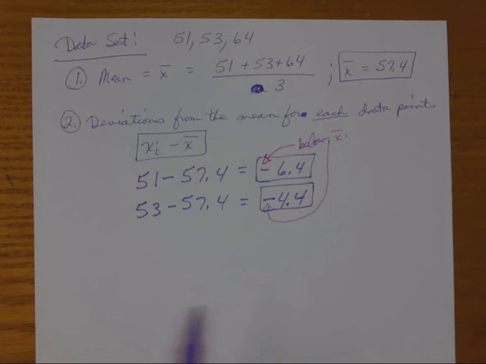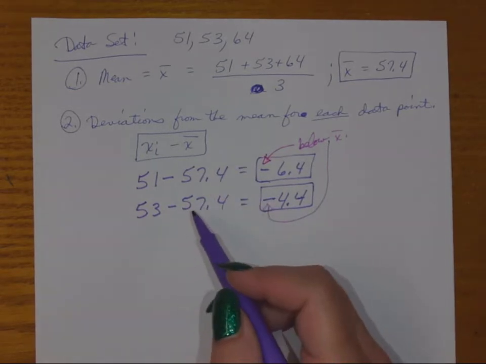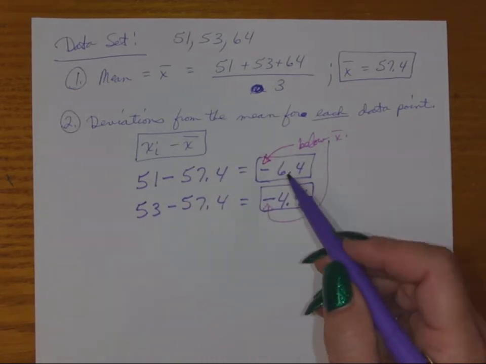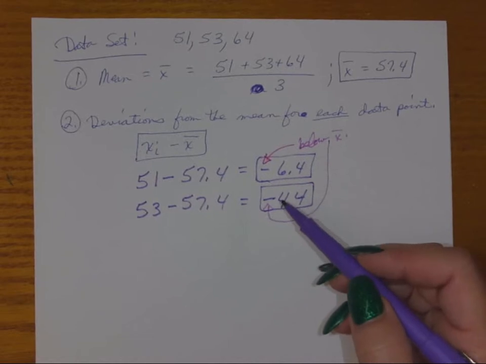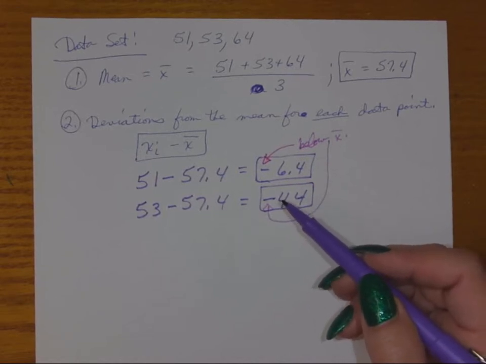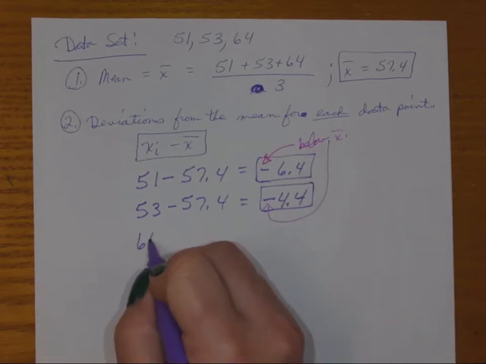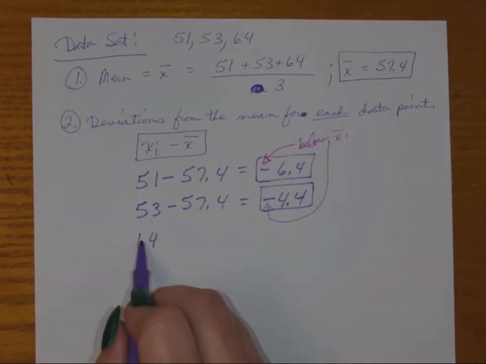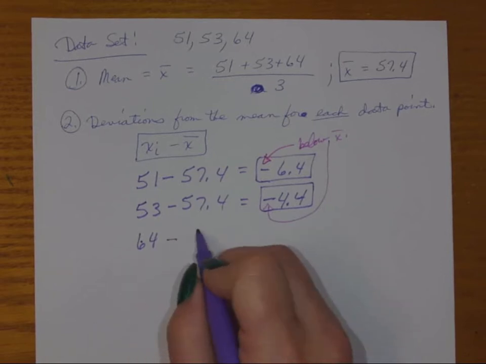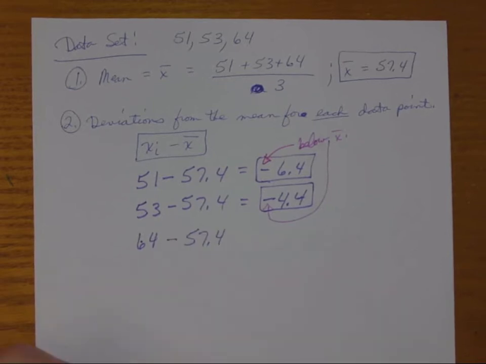Well, the average is in the center of the data, so that means there's only 3 data points. 2 of them are below. That means the next one better be above, right? Because it's got to average out to be 57.4. And sure enough, when I do the third data point, it's 64. Third data point is 64, x sub i minus x bar is 57.4.